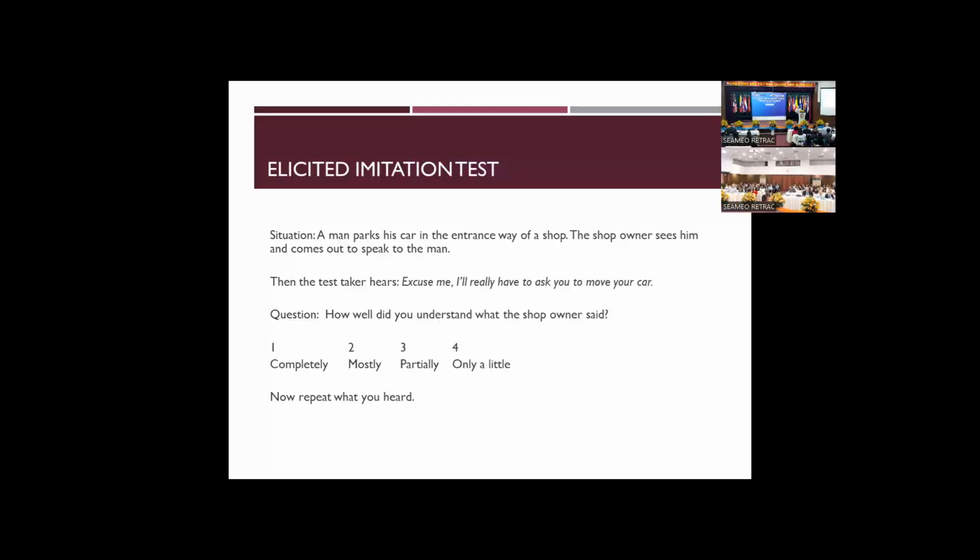So when they try to repeat this utterance, we simply scored as to whether they included the hedge. So if they included the hedge for this item, they get a point. If they simply said, "I have to ask you to move your car," we did not give them a mark, etc. We were only marking if they included hedges like really, possibly, just, etc.